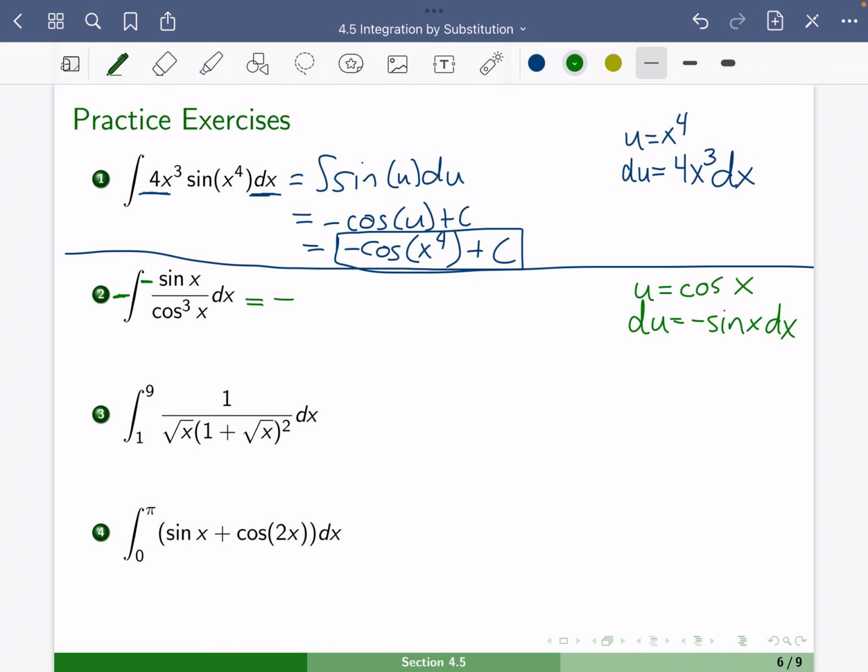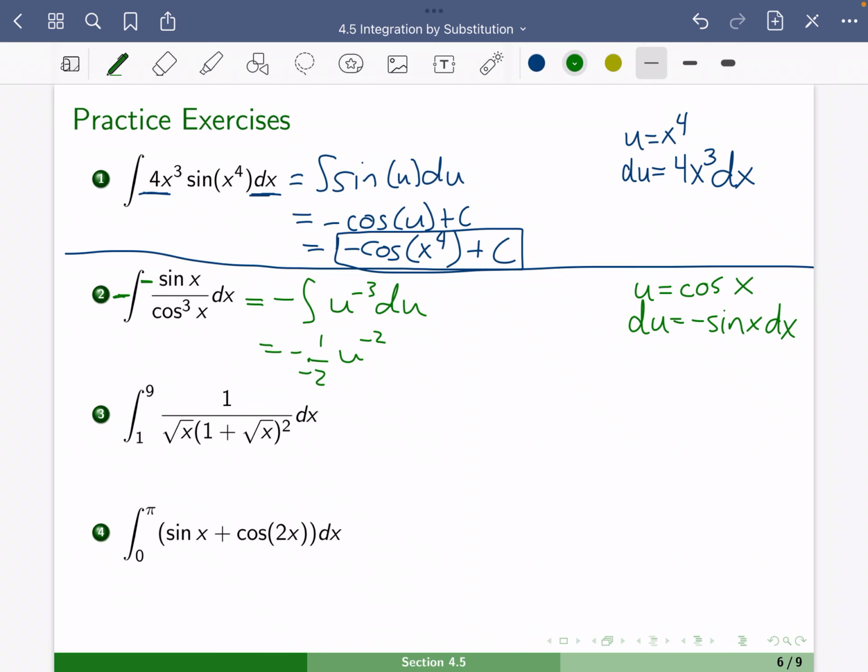And so this is equal to the negative of the integral of u to the negative third du. Right, so this portion is the du. Here you have u to the third in the denominator, so that is u to the negative third. Add 1 to the power. Divide by the new power, so dividing by negative 2.